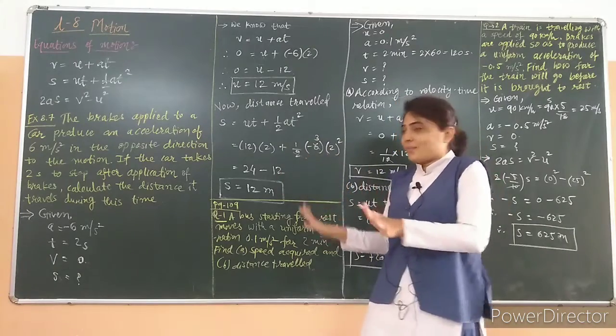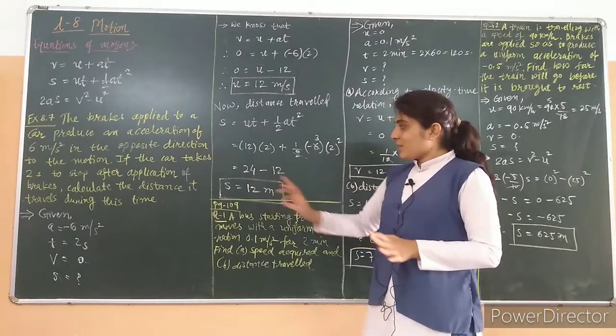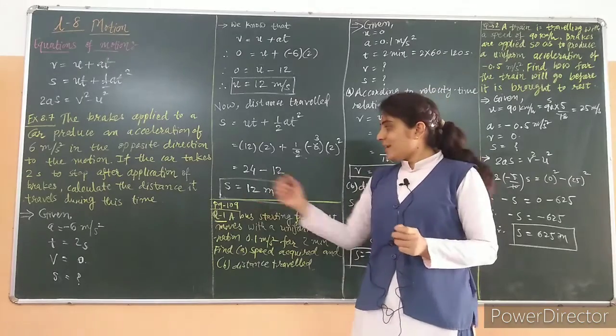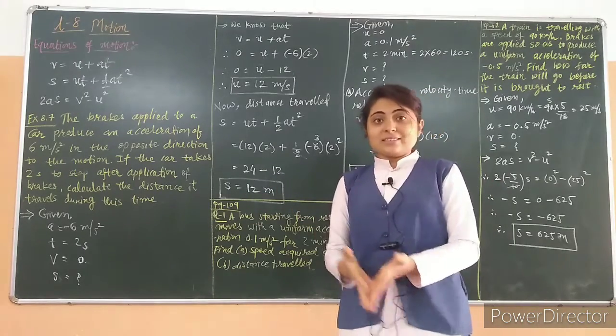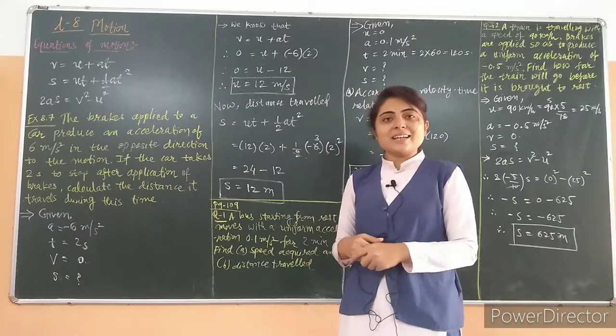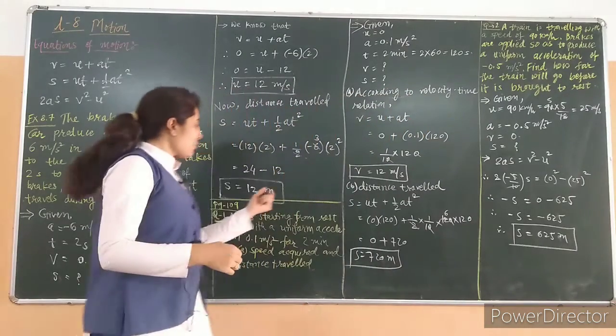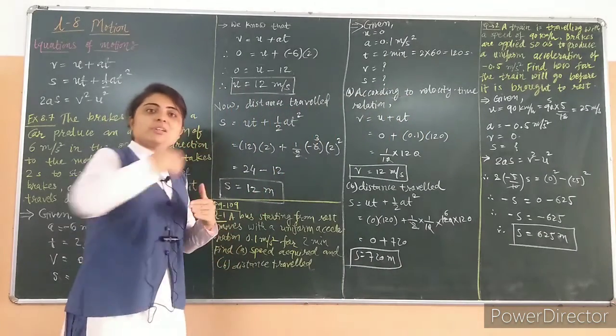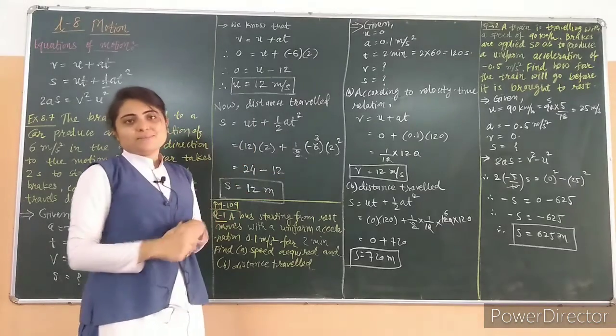This is simple mathematics. 24 minus 12 is 12. So s is 12, and as it is a distance, the unit will be meter. So the car will travel 12 meter distance and it stops.